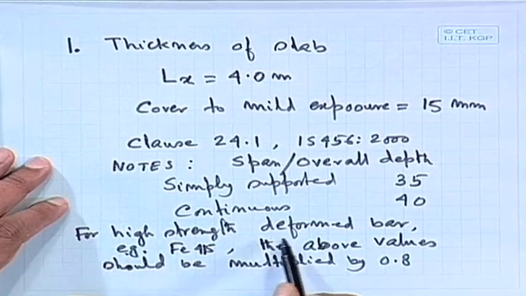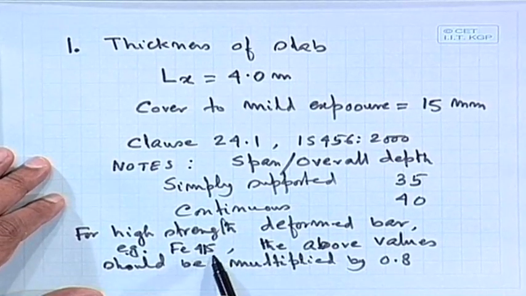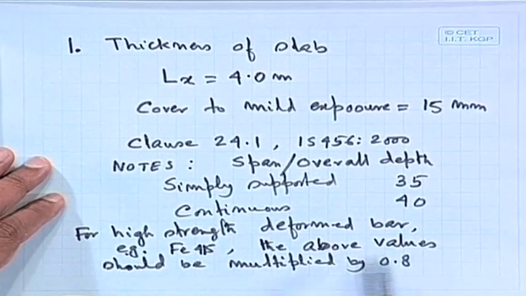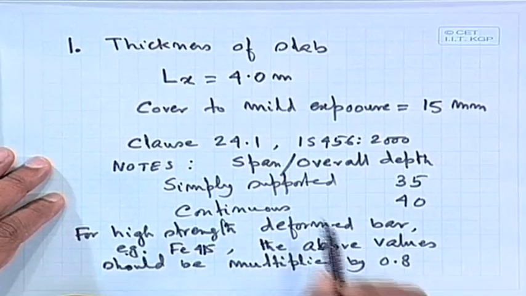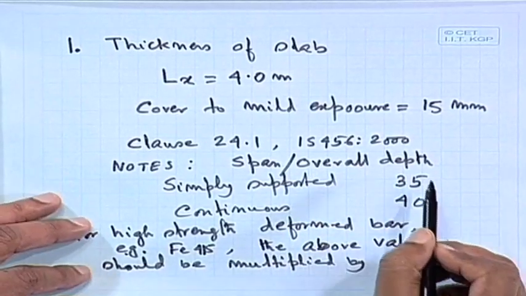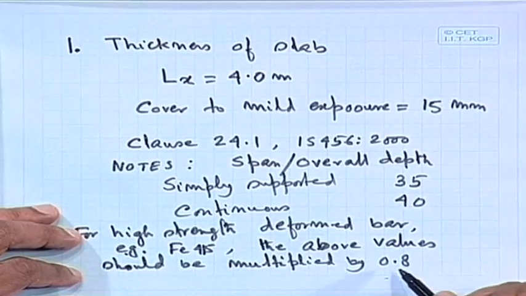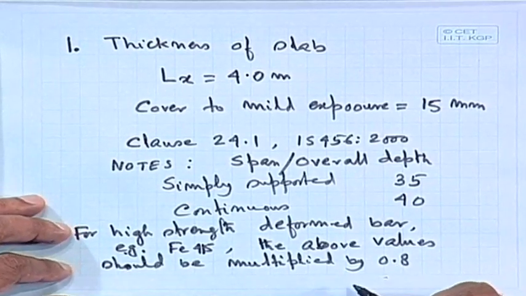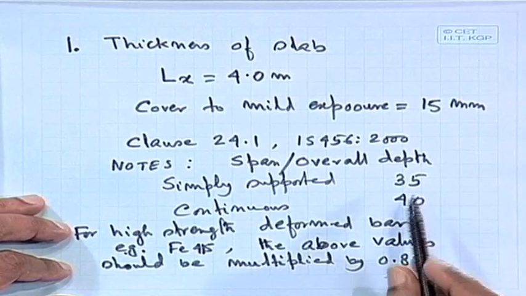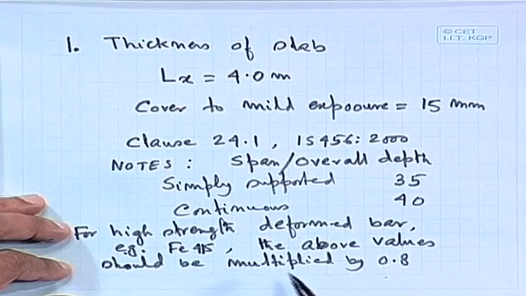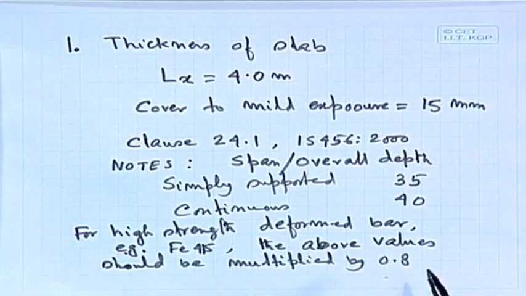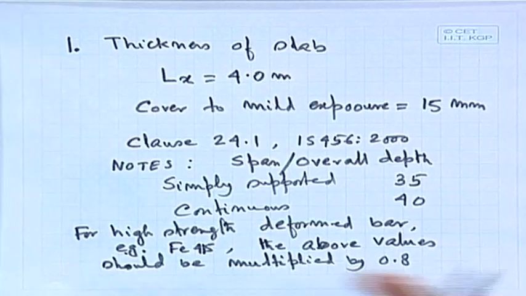Just to mention, for high strength deformed bar, as for example Fe 415 in our case, the above value should be multiplied by 0.8. So, span by overall depth we can find out, and the corresponding value is 0.8. I think I should check it once more.